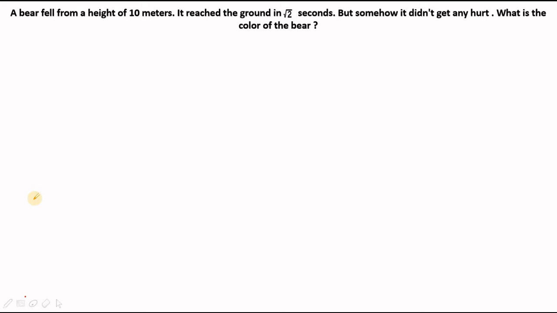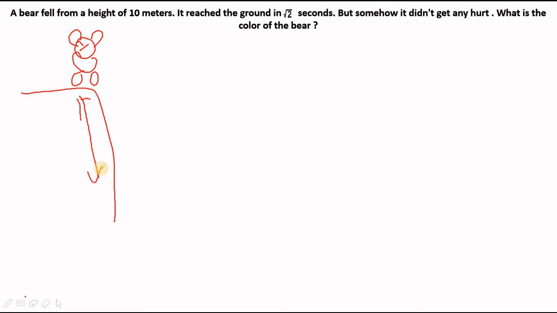So here we have that it fell from a height. Let's imagine that this is a hill and the bear is standing here. Imagine this as the bear. It's not exactly like a bear, but just imagine it. And here we have been given the height of this mountain or hill.